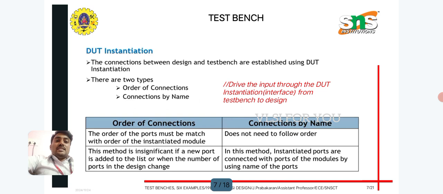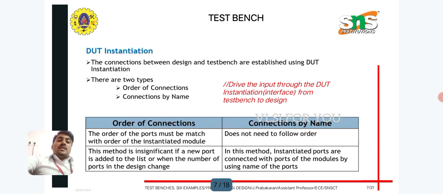Next one is instantiation, which means the connection between design and test bench is established using design under test instantiation. There are two types of instantiation. First one is connection by order, and second one is connection by name. The difference is, in connection by order, the order of the ports must match the order of the instantiated module.